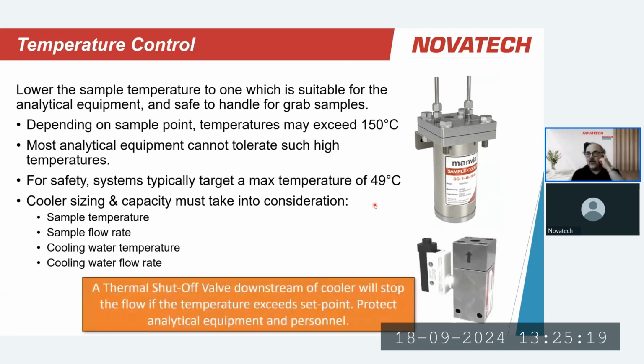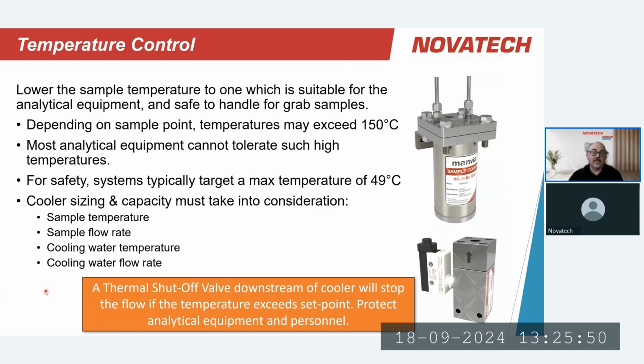So all of that is the goal. But then as a safety check, what we often might do is put in a thermal shutoff valve. A thermal shutoff valve downstream of the cooler is there to prevent potential damage to the instruments if, for some reason, say the cooling water were to be shut off inadvertently, and now our sample passes through without cooling and is heading towards our instruments at 100 degrees plus or something like that.